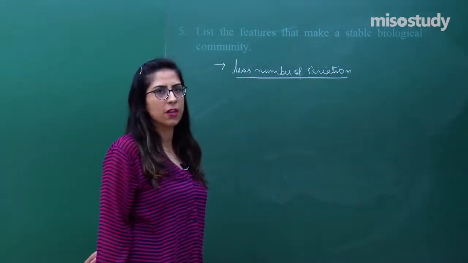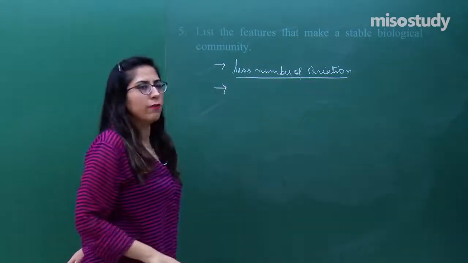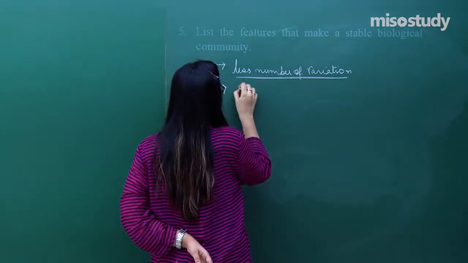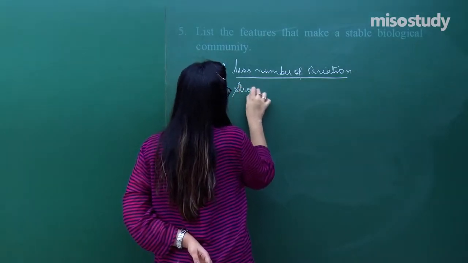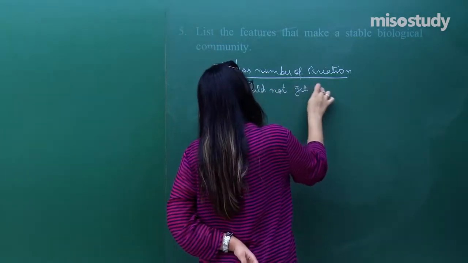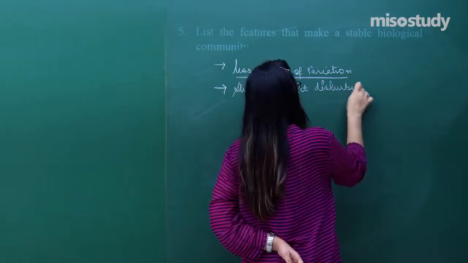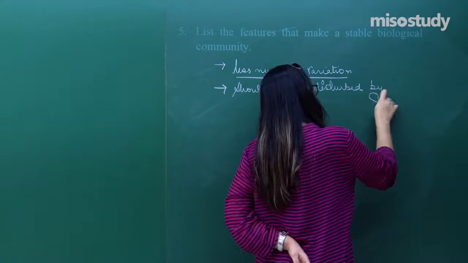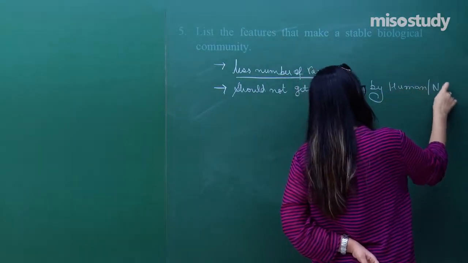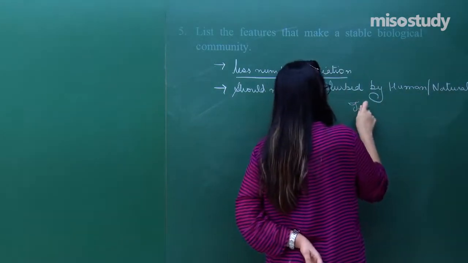Another thing is the human impact: the community should not get disturbed by human or natural interference.